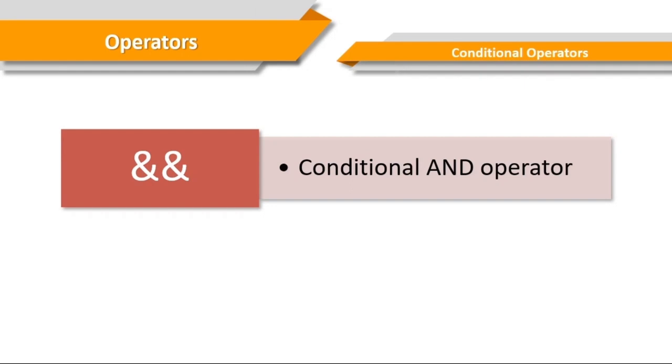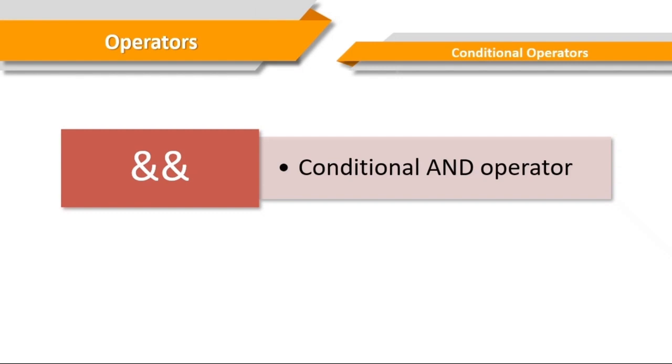This operator is represented by the symbol double ampersand. All right. So in this operation, the result is true if both operands are true. Now, this operator doesn't check the second condition if the first condition is false. Makes sense, right? So it only checks the second condition if the first one is true.